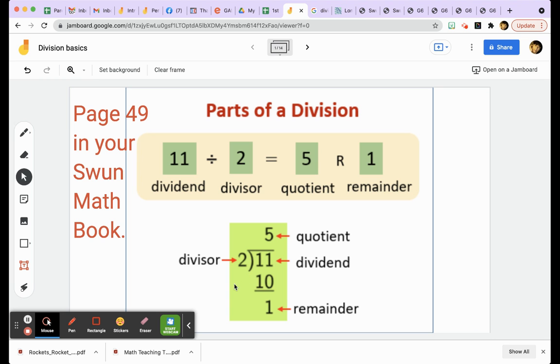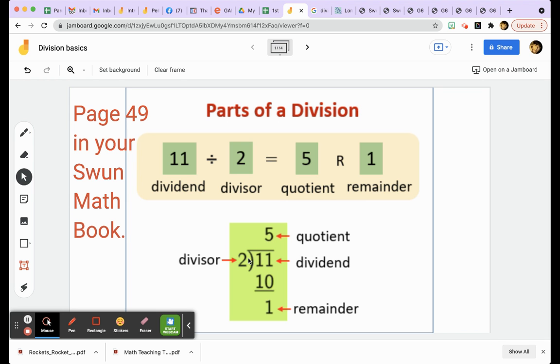Looking at the way this problem is written, here I have my division symbol. The 11, the dividend, is inside the division symbol. I am looking for how many equal groups of 2 will fit into 11. 5 is the quotient, or there are 5 equal groups of 2 that fit into 11.